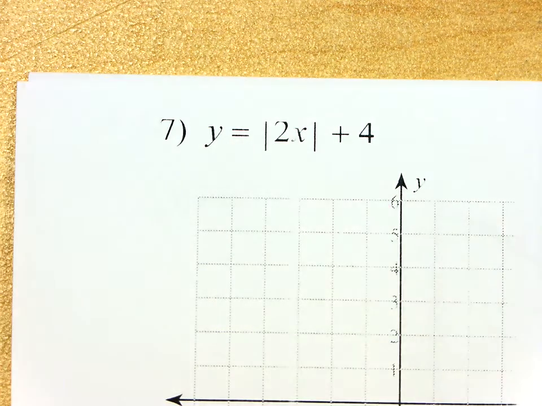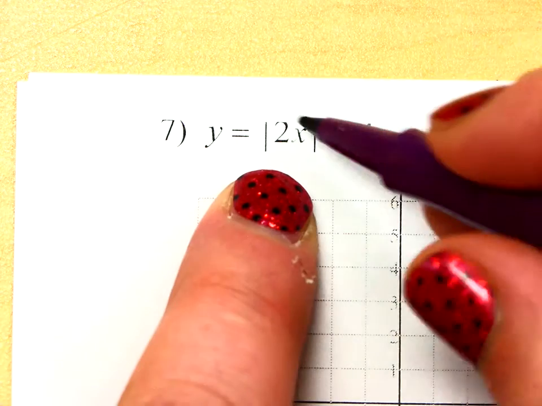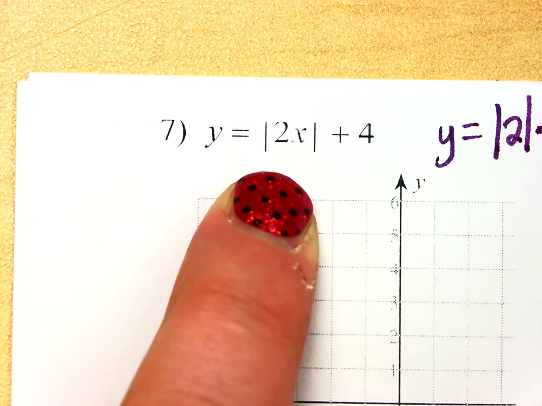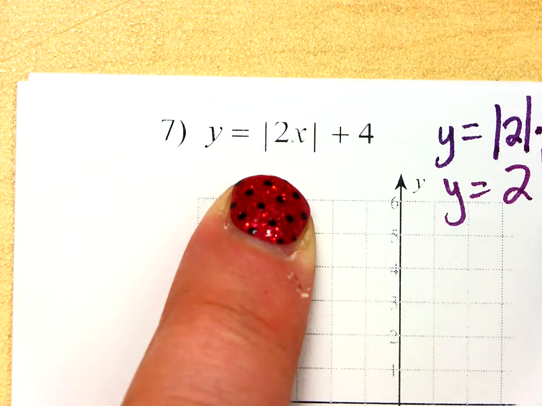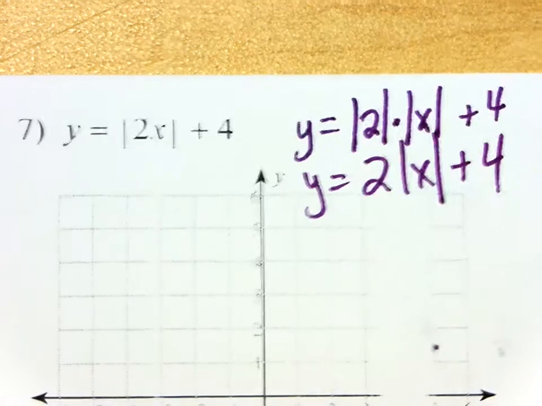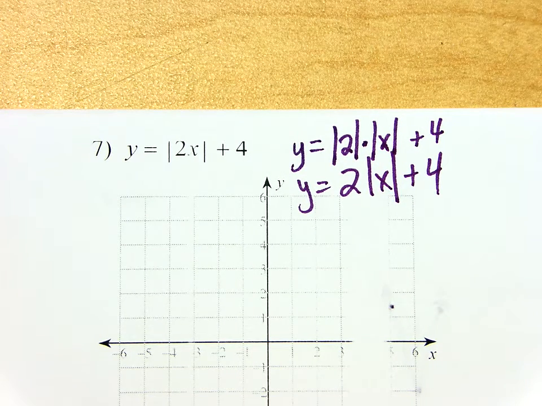But the reason why I'm allowed to do it is because I'm really splitting that absolute value up. It's just multiplication there, so I can split it up into the absolute value of 2 times the absolute value of x plus 4. Well, the absolute value of 2 is just 2, so I've arrived there. And now I can graph that.